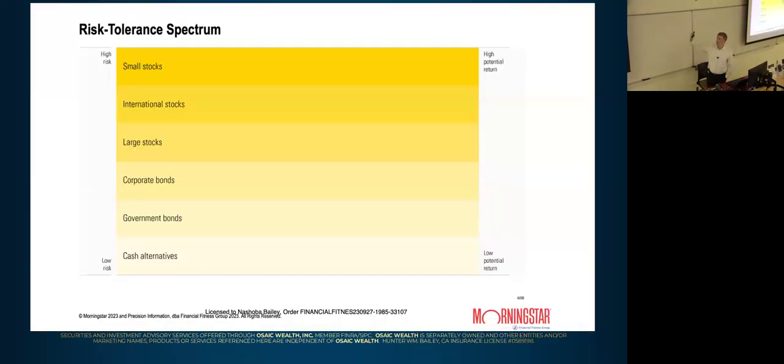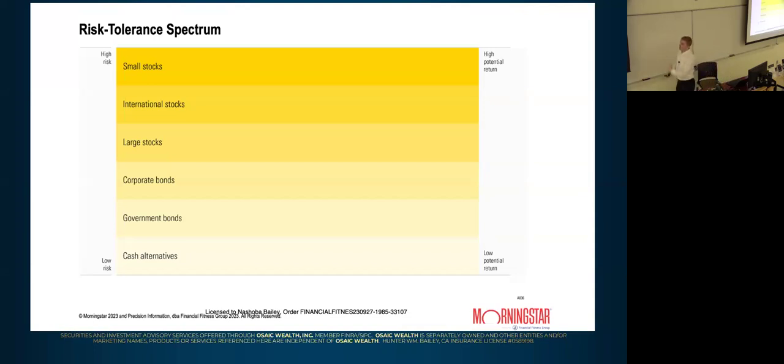So here's another slide from Morningstar that just kind of shows the spectrum of risk tolerance depending on what we're looking at. Cash alternatives sit all the way down here at the lowest risk and the lowest potential return. That's pretty easy to understand. If we move up to government bonds, because they're so well rated, because you know, the US Treasury is basically what we're allowed to call guaranteed, but I'll never truly say that.